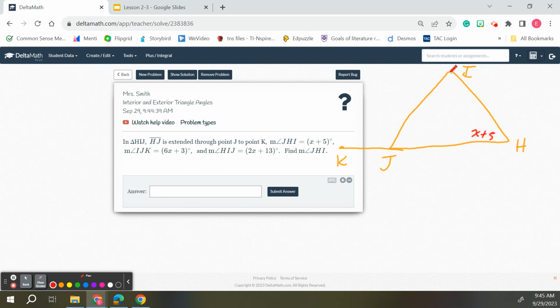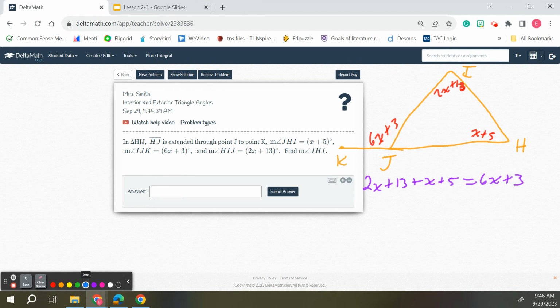Angle IJK, so I to J to K, this outside angle is 6x plus 3. Then we have HIJ, H to I to J, is 2x plus 13. When we set this up, because we're trying to get the exterior angle, it's this plus this equals this. So this is going to be 2x plus 13 plus x plus 5 equals 6x plus 3.